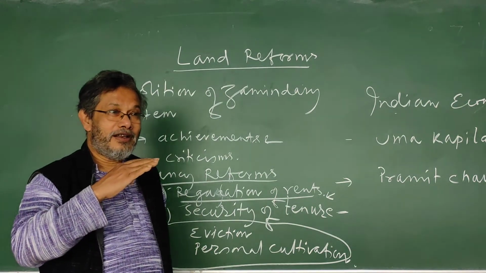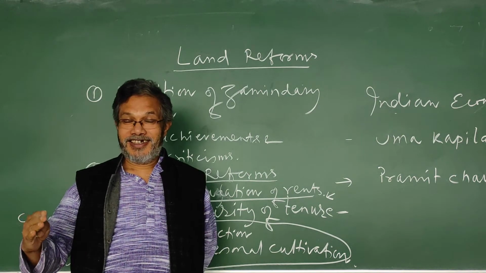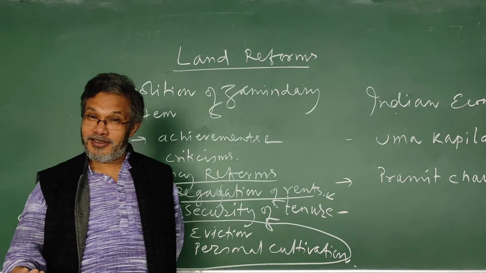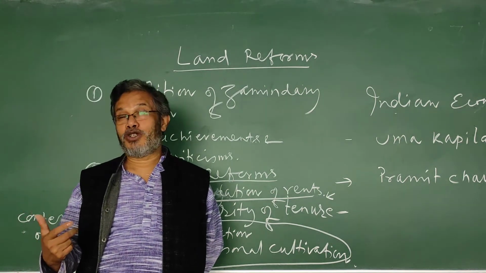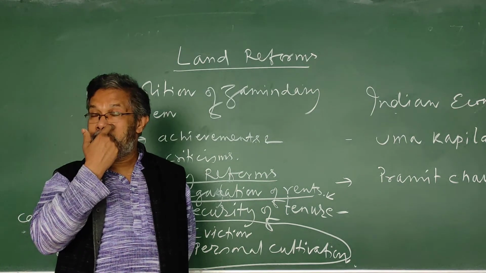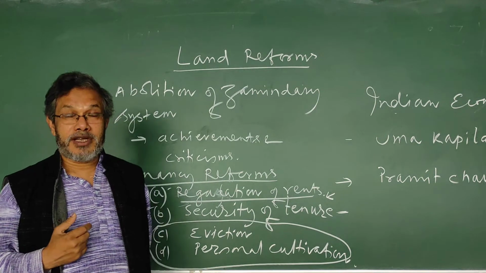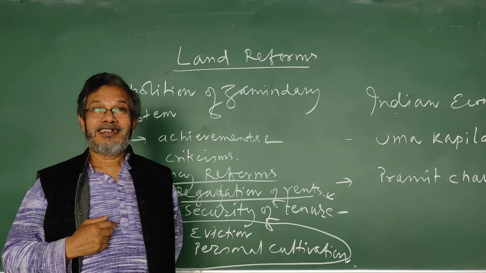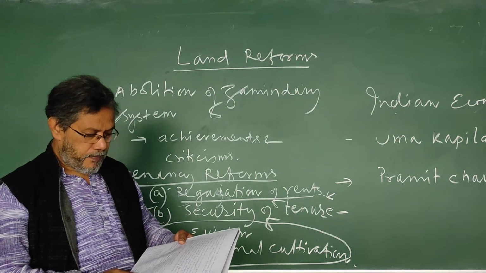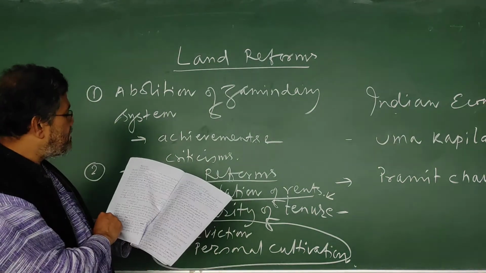Lands beyond ceiling levels are declared as surplus land by the government, and those surplus holdings are to be distributed among the landless laborers, small sharecroppers or tenants for their cultivation. So this is the ceiling, and what measures have been taken? Let's see.